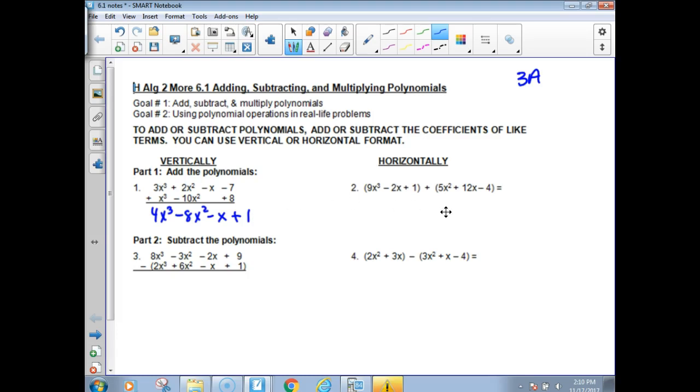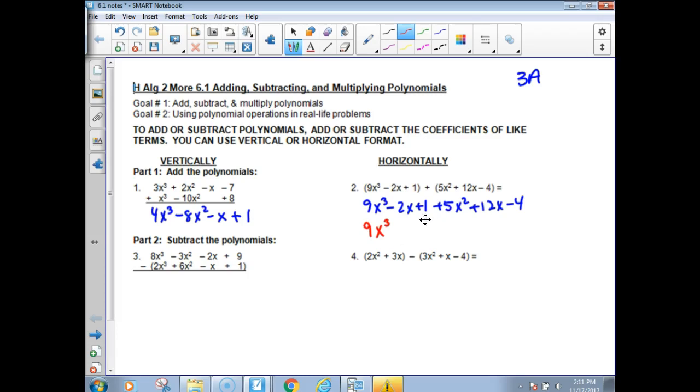If you're doing a similar problem horizontally, if it's addition, you just drop the parentheses. You look for like terms, and you combine them. There are no like terms to the 9x cubed. There's no other x cubes.